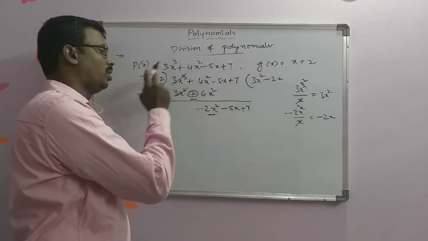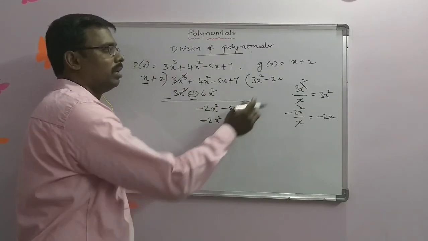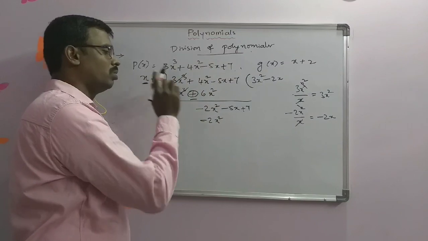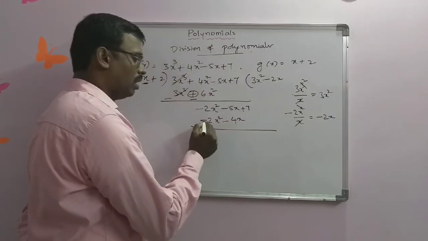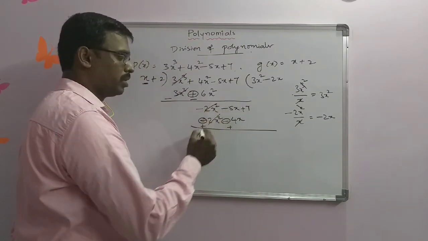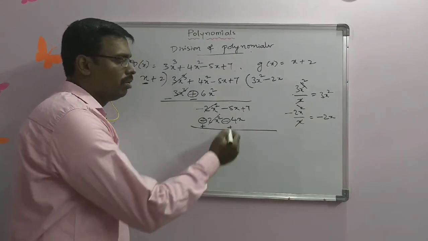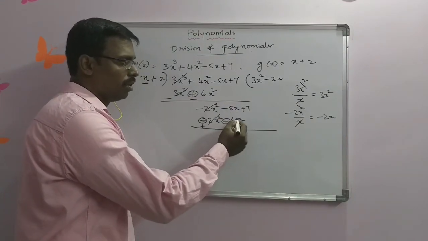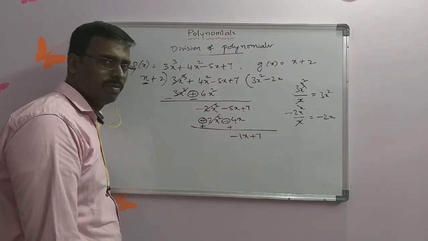Minus 2x into x is minus 2x square, minus 2x into 2 is minus 4x. Again change the signs. 2x square minus 2x square, I said already, the first term always gets cancelled. Now minus 5x plus 4x is minus 1x, plus 7.